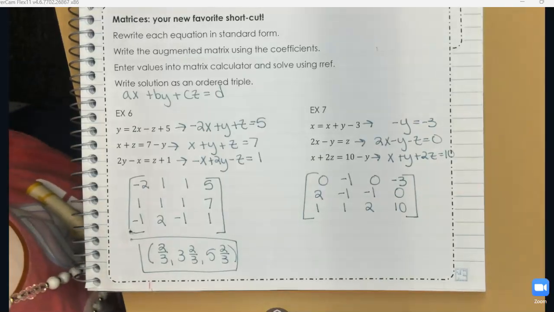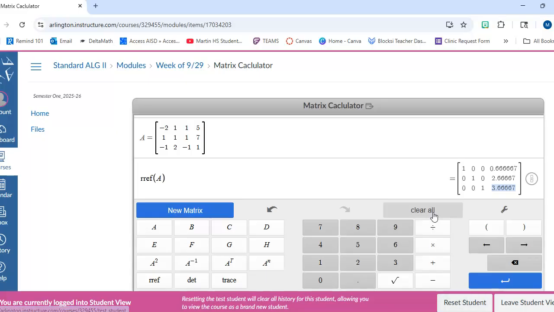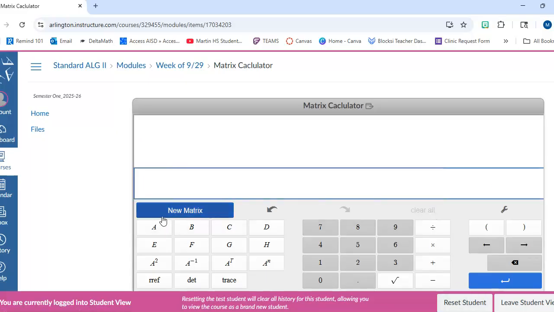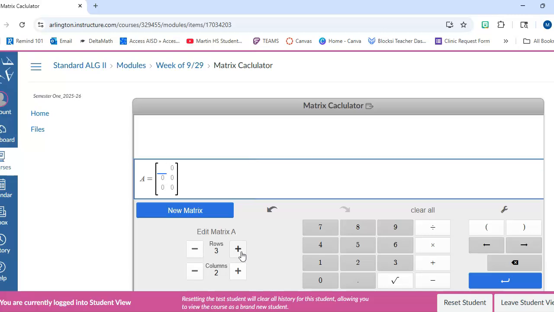Going back to my matrix calculator, I'm going to clear all of this, and I'm going to make a new matrix again. I want 3 rows and 4 columns. So I've got 0, negative 1, 0, negative 3, then 2, negative 1, negative 1, 0, and then in my last row I have 1, 1, 2, and 10.